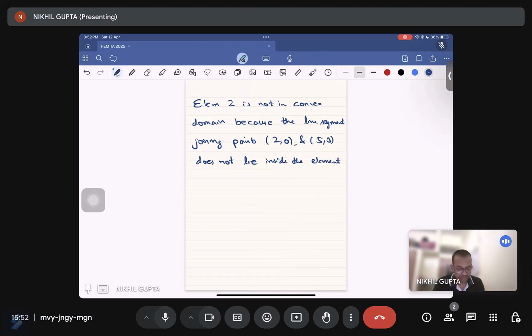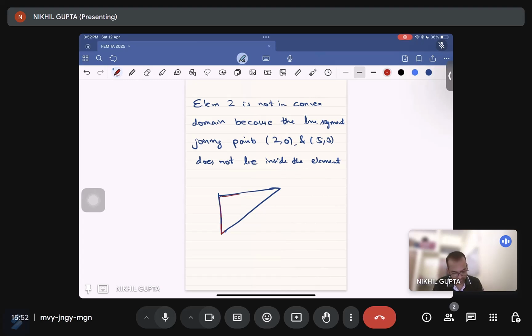So what we can conclude from this: any element which has an acute angle like this, if you want to connect any of the vertices with another, you will get the line inside it only.